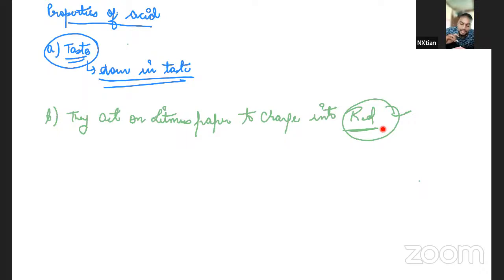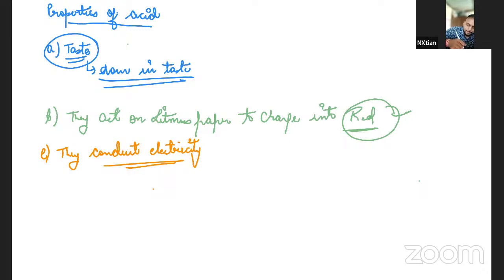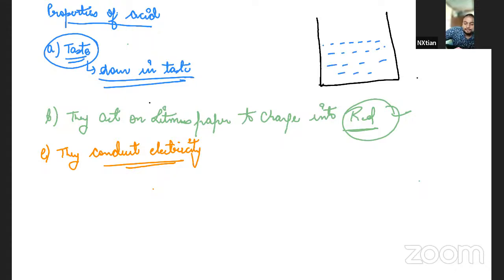Next, they conduct electricity. Understand it like this. For example, this is a cup, and inside the cup there is water.